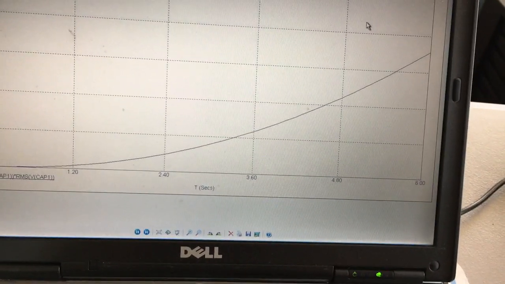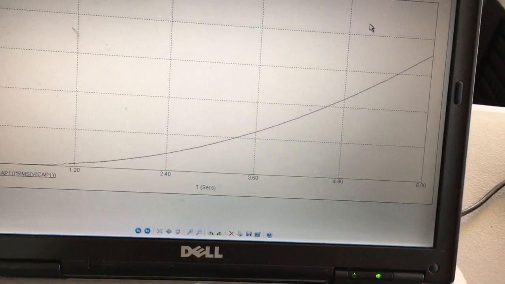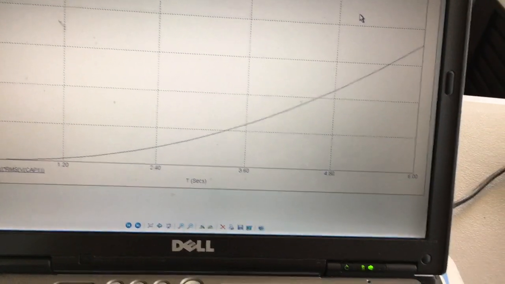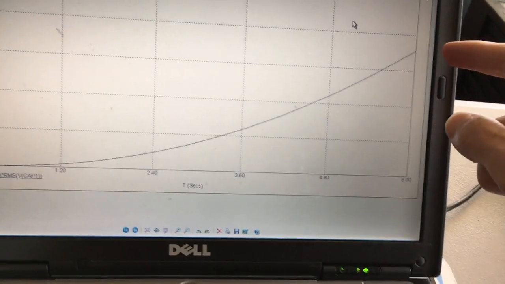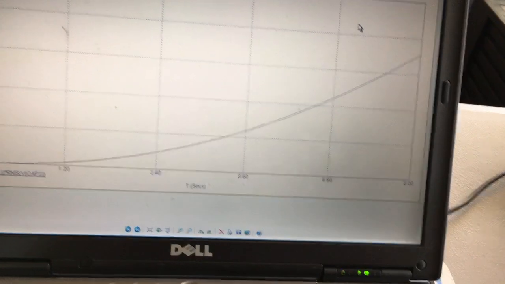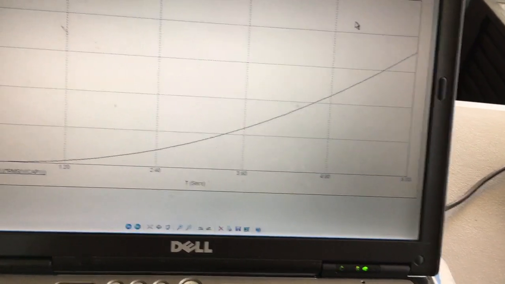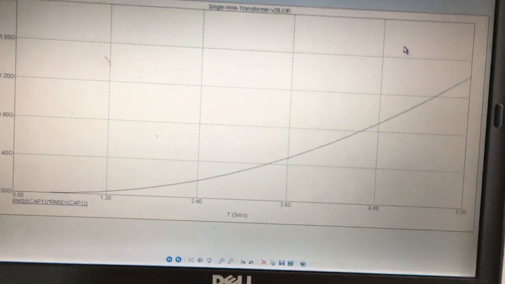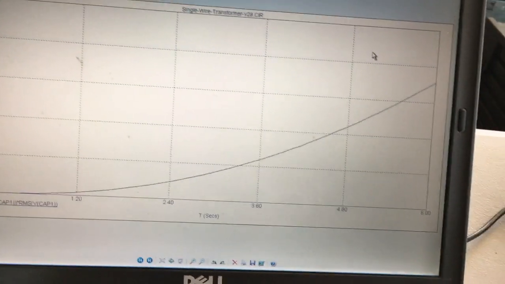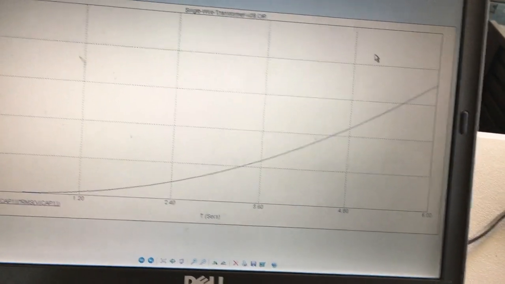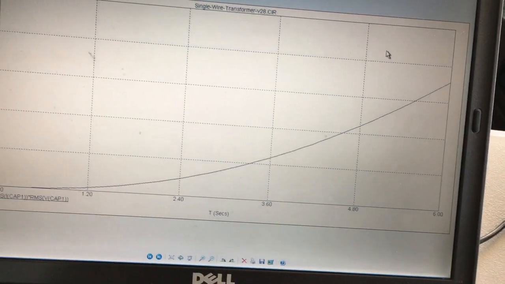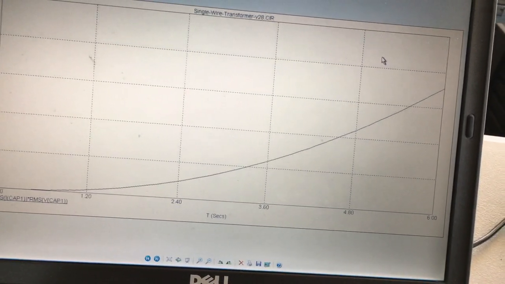So on cap 1, the current is rising exponentially, as if it were the watts. And at 6 seconds, it's something less than 1.6 giga. Oh, no, excuse me, this is the wattage. I'm sorry, wrong answer. Okay, the wattage is exponentially rising, and in 6 seconds is something less than 1.6 gigawatts.